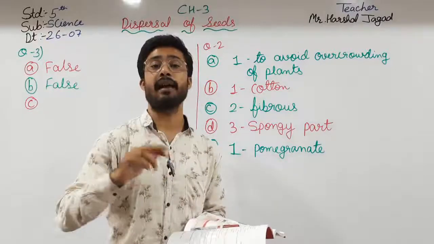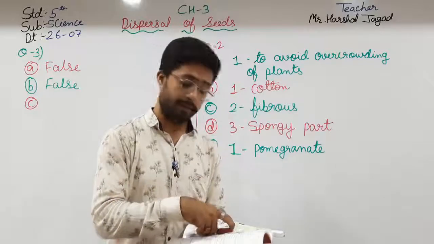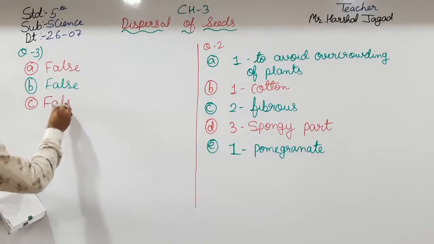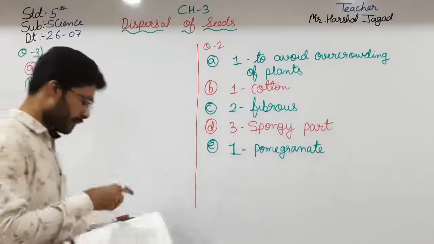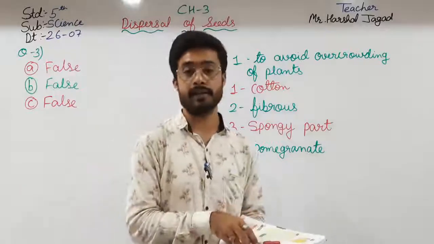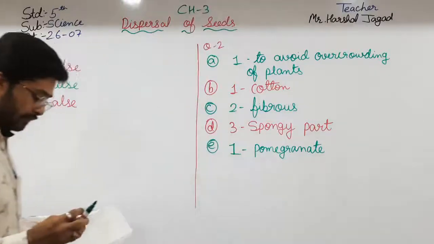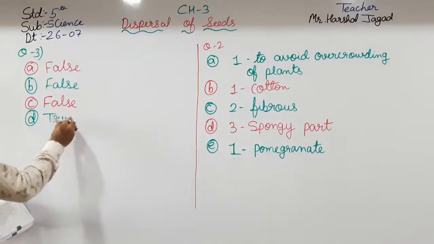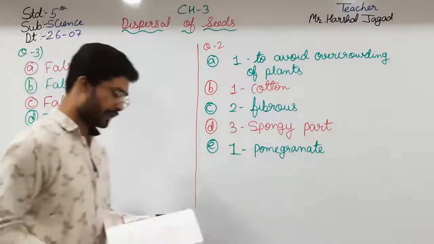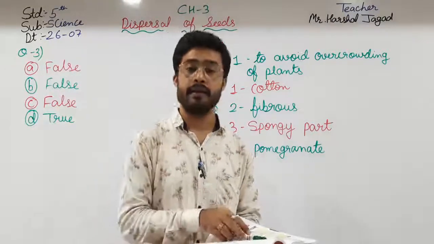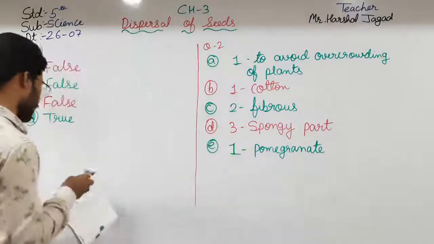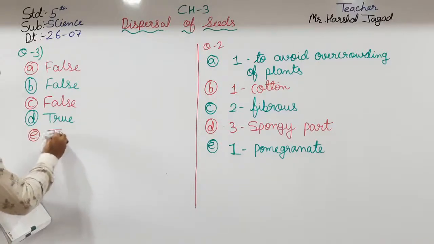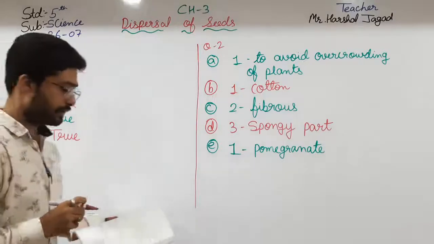Their flower is wing-like, so it can easily move in the wind. Then, the coconut can float hundreds of kilometers in the sea. Yes, that is true. And the last one, some seeds have a hook-like structure on them. Yes, that is right. So it is also true. So please write down the answers, students.